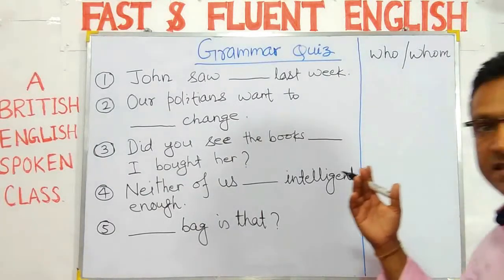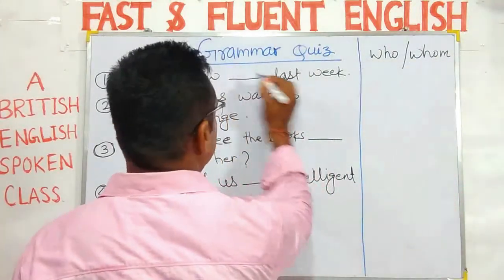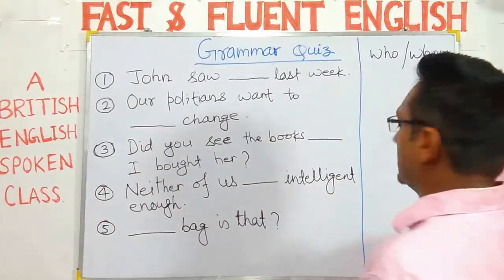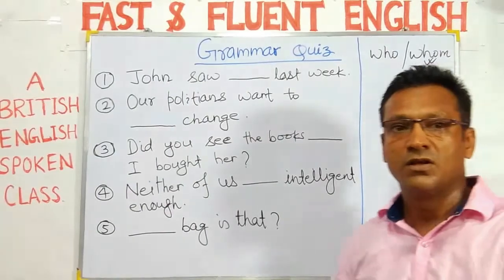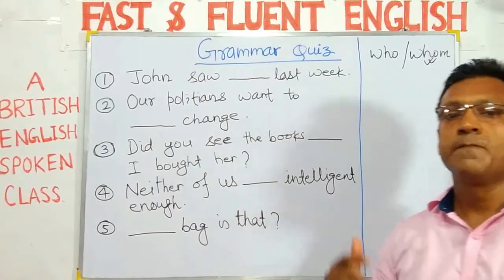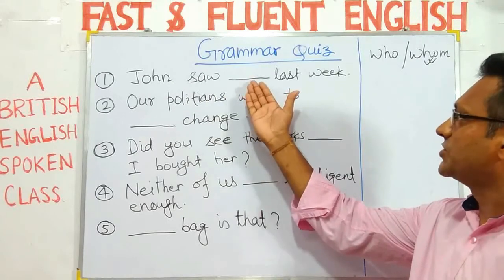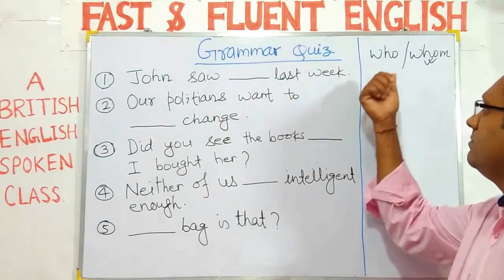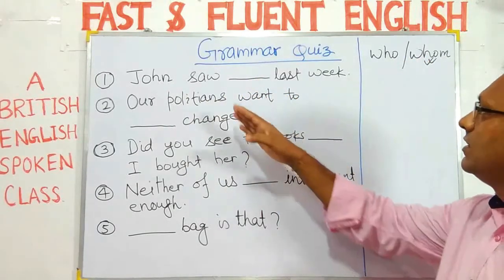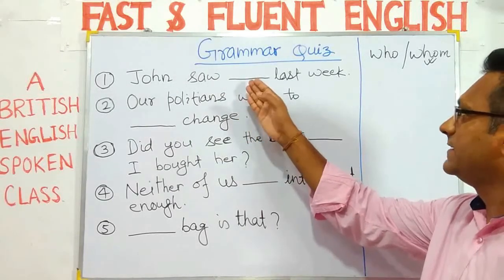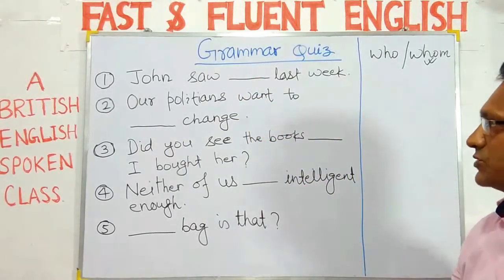The correct answer is whom. क्यों? अगर इस डैश में ही या शी फिट करता है तो हम who का यूज करेंगे और अगर his और her फिट करता है तो हम whom का यूज करेंगे.